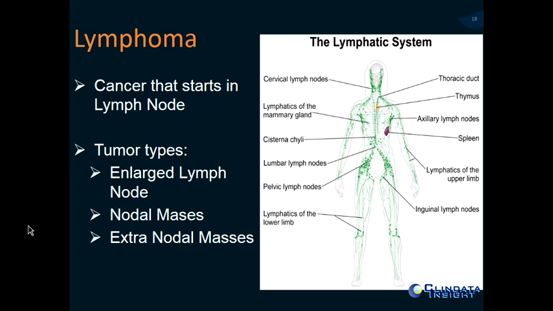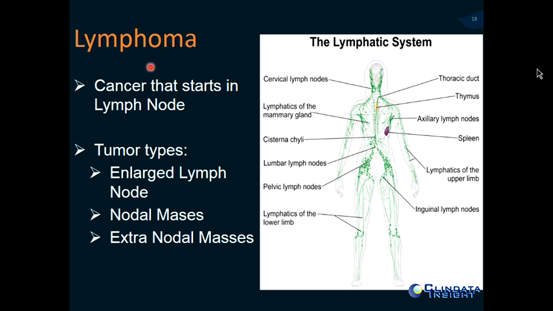Lymphoma is a cancer that actually starts in the lymph node. As you see on the right side of the screen, this is a lymphatic system that goes into our body. And there's a lymph node that could actually collect the lymph and then spread the lymph.